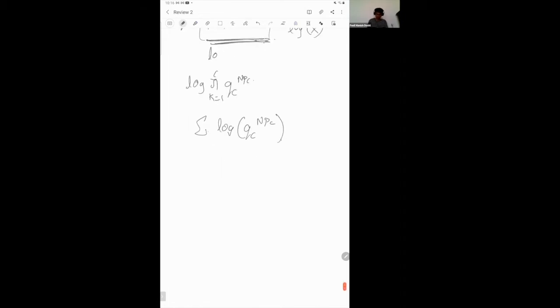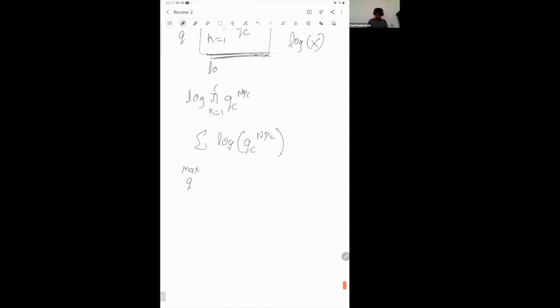So now what we are interested in doing is maximizing over Q the summation of log of QC, where C is the number of classes. This is called log likelihood.